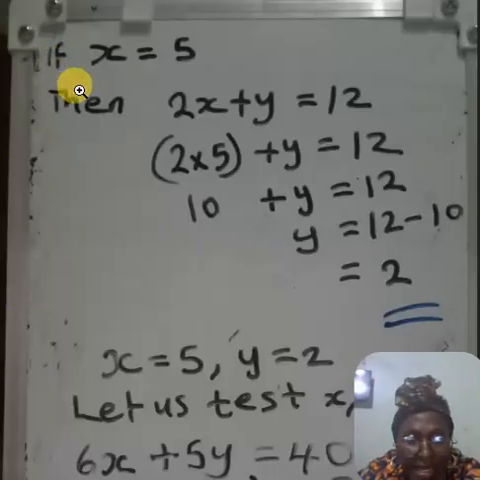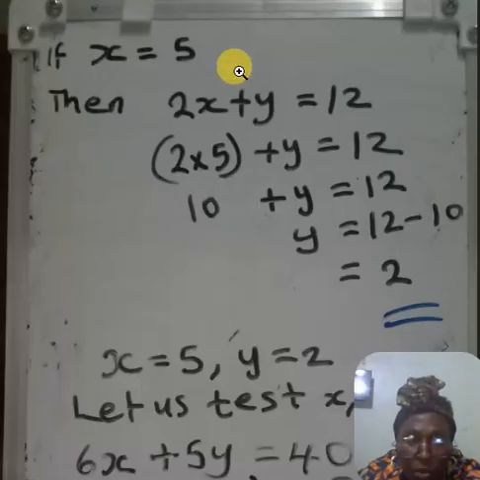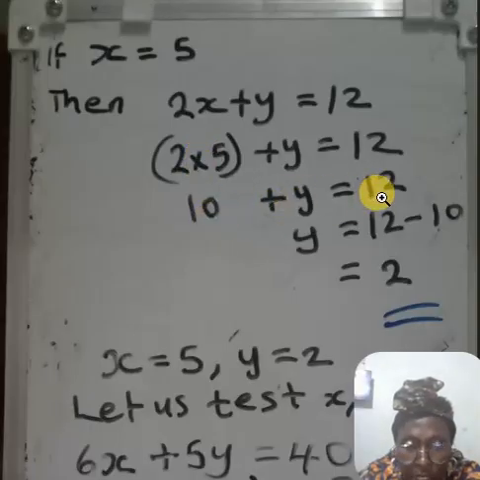So then, if x is equal to 5, let's substitute x into either of the equations, whether equation 1 or 2. So I pick this one. So we have 2x plus y is equal to 12. 2 times 5, because x is now 5, plus y is equal to 12. 2 times 5 is 10, plus y is equal to 12.